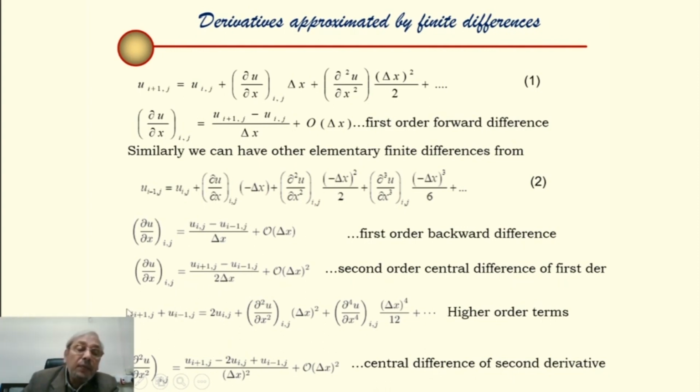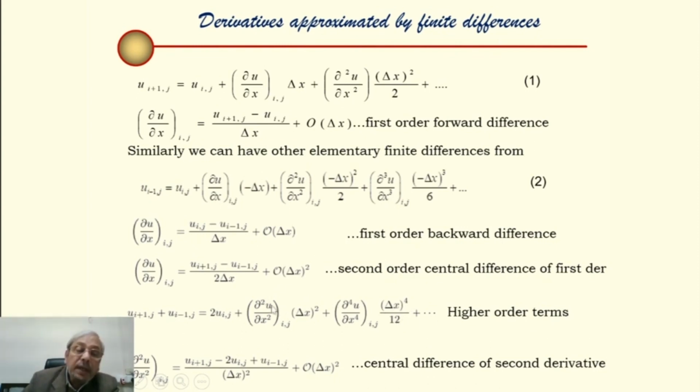Now in a similar way, from equations 1 and 2, if we add them, we will get u(i+1,j) plus u(i-1,j) equal to twice u_ij plus del 2u/del x2 at ij delta x square plus del 4u/del x4 at ij delta x power 4 by 12 and other higher order terms.